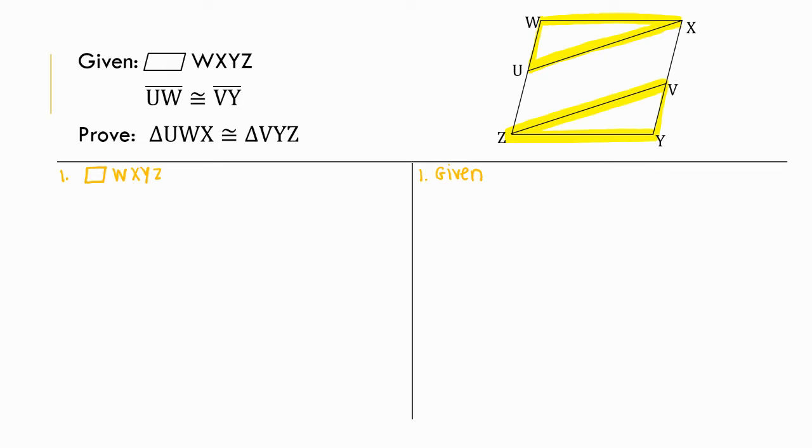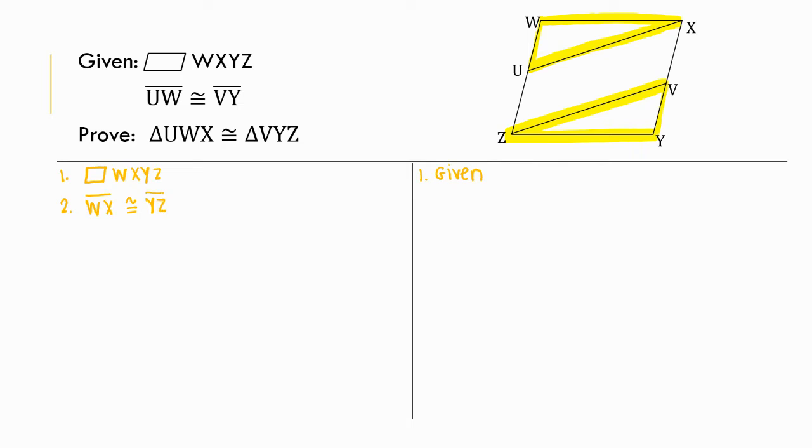So what from a parallelogram is going to help me with these triangles? Well, notice that we actually highlighted a couple of sides of the parallelogram and they're sides of the triangles. Notice that one of them is the side WX. Notice that it is opposite the side YZ.